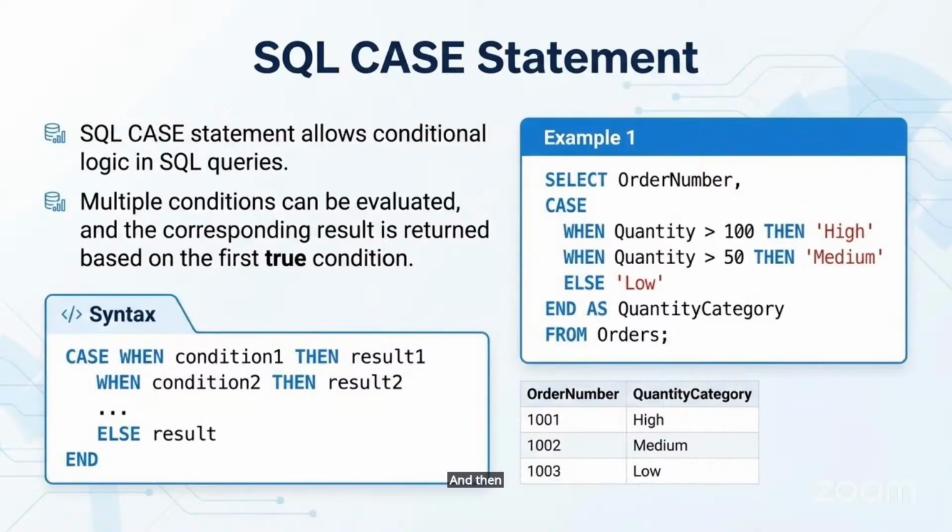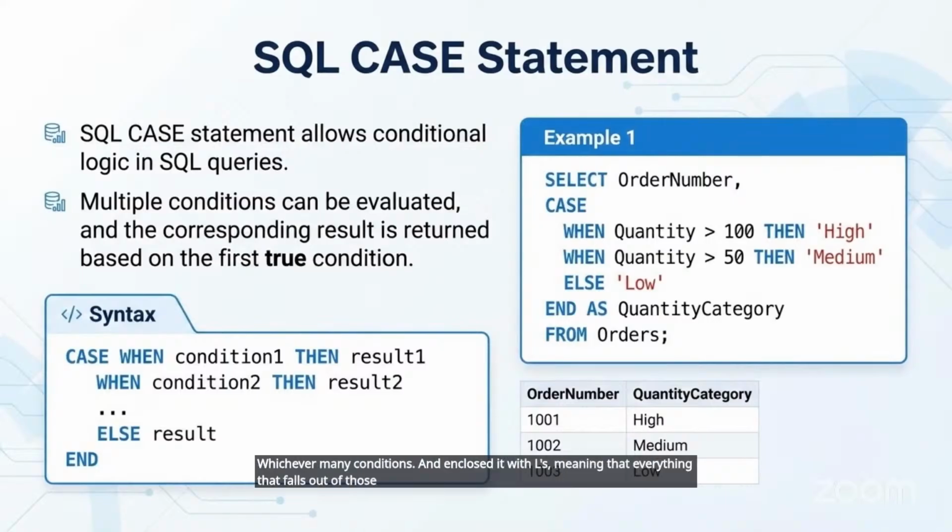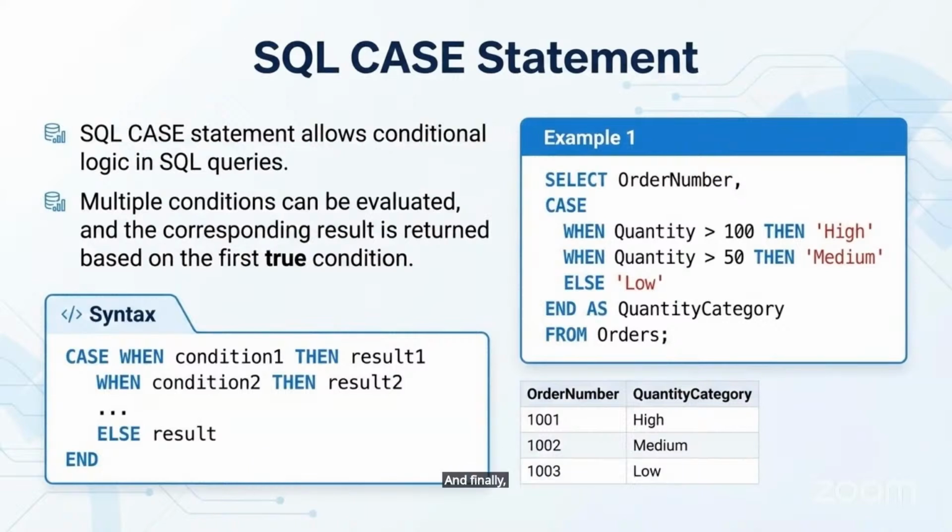But the syntax is using case followed by when. And then after the condition, you do a then. And then you can close using else as the very last condition for everything else. Basically, everything that is not your condition one to however many conditions, you enclose it with else, meaning that everything that falls out of those conditions will evaluate into the else. And finally, you do an end.